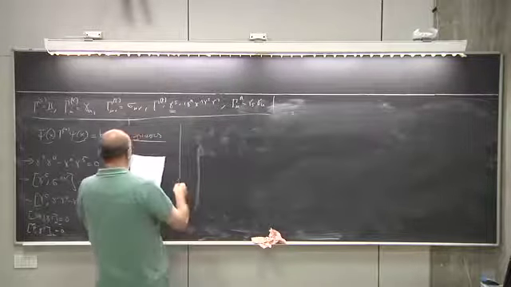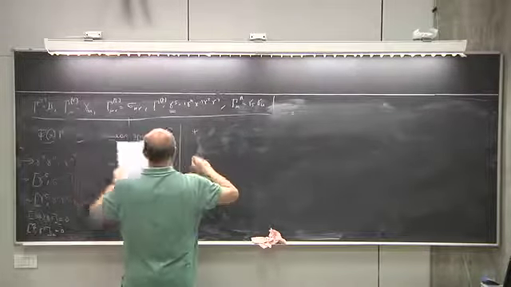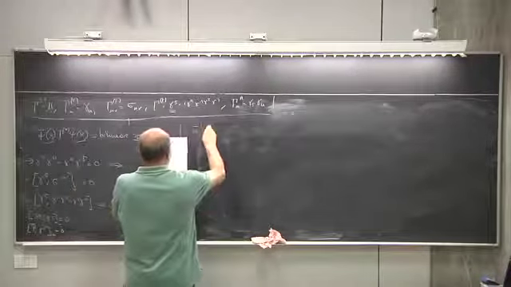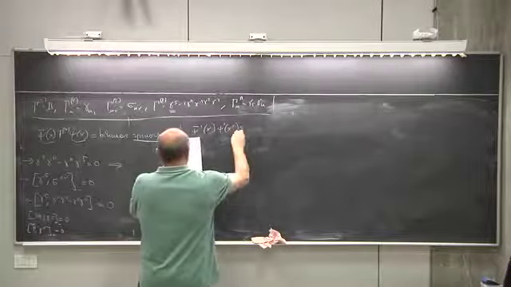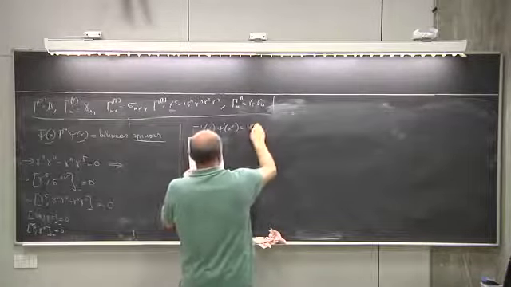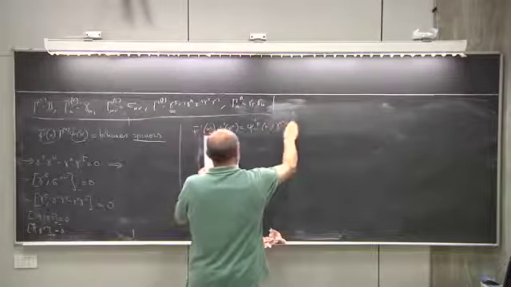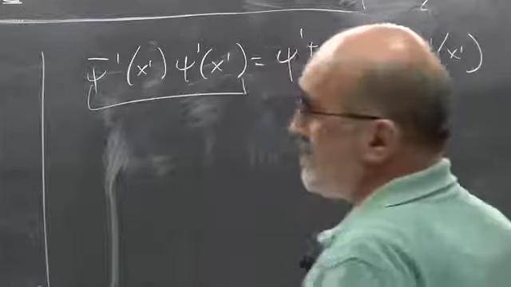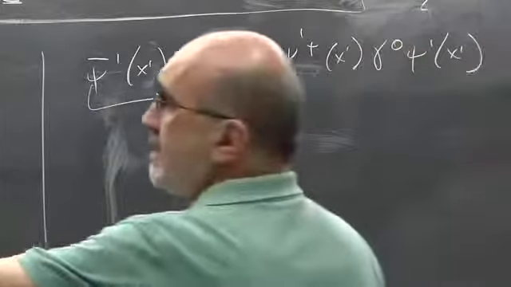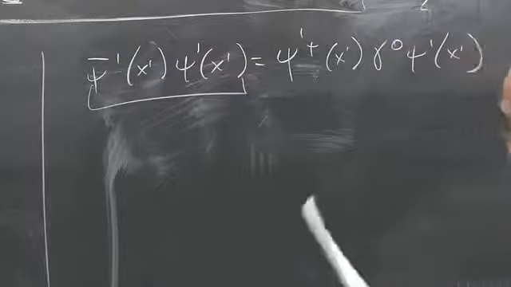Now let's start with the simple one, for example with the identity. So we have psi prime of x prime, psi prime of x prime. This is nothing else than psi dagger prime of x prime gamma 0 psi prime of x prime. So I have started with the simplest bilinear, the one where the matrix gamma is the scalar or the identity.